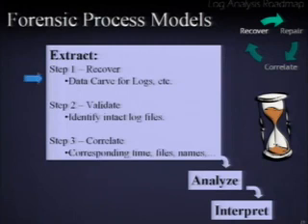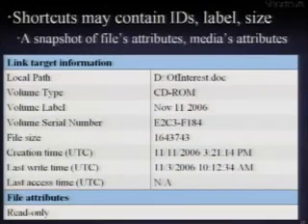So we do so for the shortcut, and what do we get? This is actually just the first section of the shortcut, and it holds some standard pieces of information, including what we saw before, the path to this file. It stores the kind of media it was on, CD-ROM, a volume label that looks like a date, serial number, file size, creation dates, and last write date, which are timestamps of those values on the media.